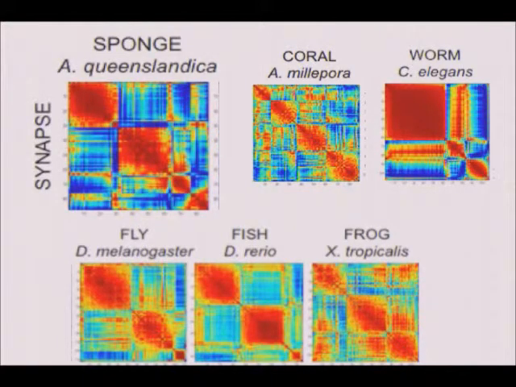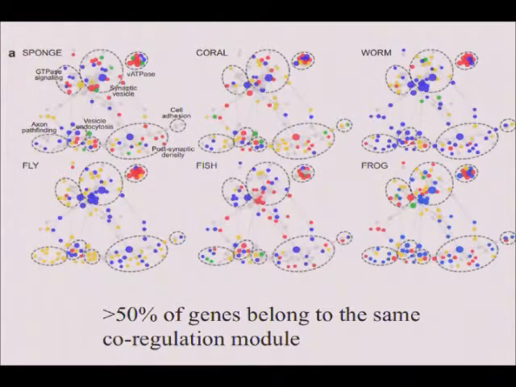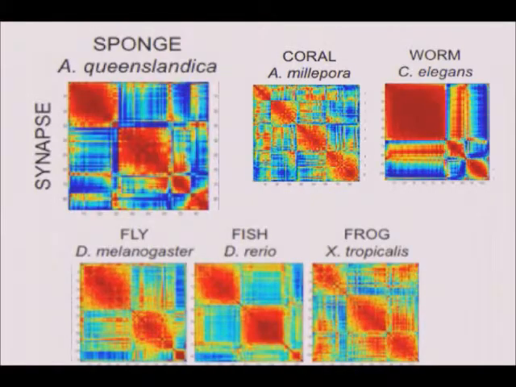So modularity is decaying and connectivity is increasing. And here are all these genes and synapses in these different creatures, and the color coding has to do with which of these modules they belong to.